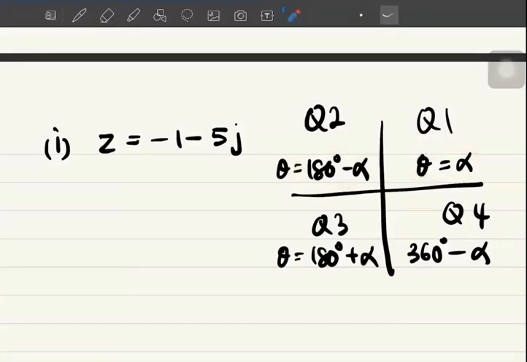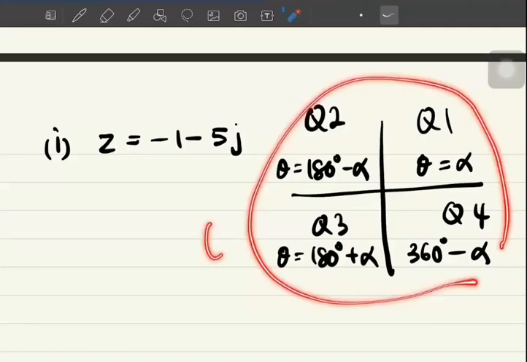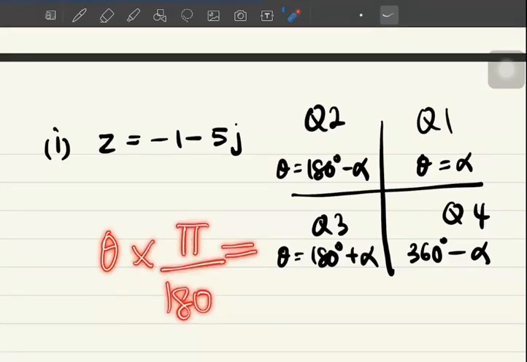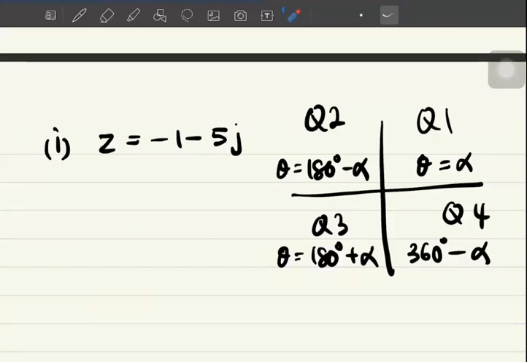Okay, so basically apa yang kita buat, you just use the same step in finding the theta, but when you get your theta, you just multiply with pi over 180 so that it will be in radian. You faham? So now get me your R and theta.